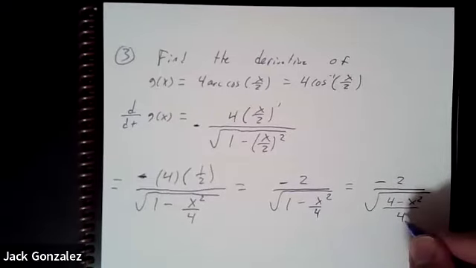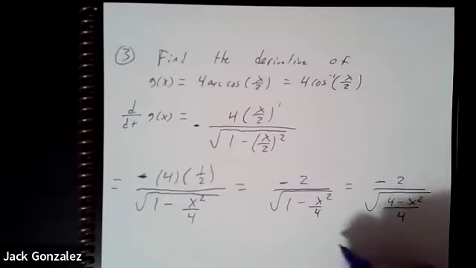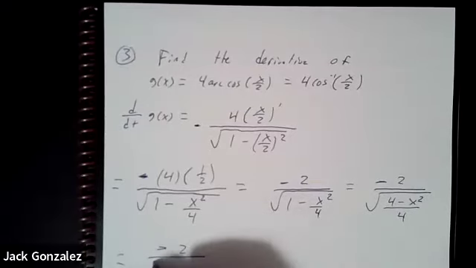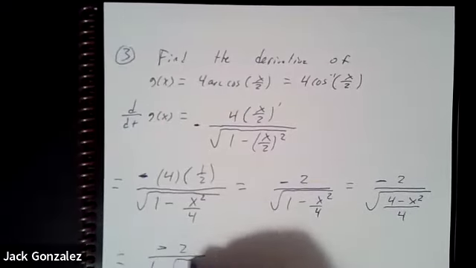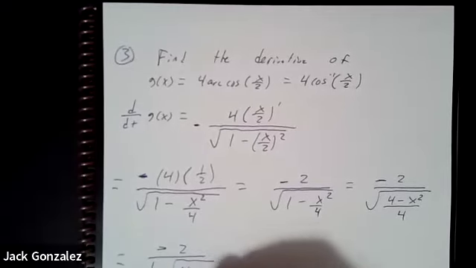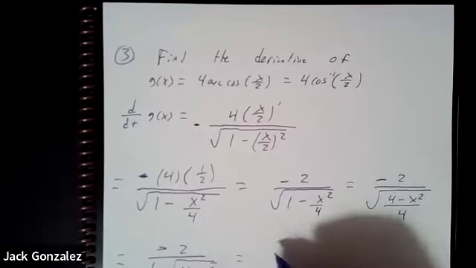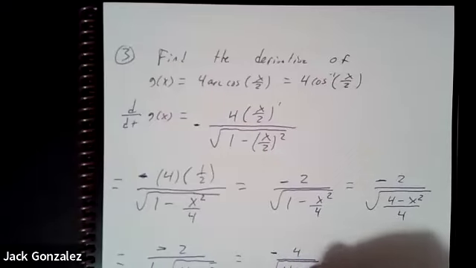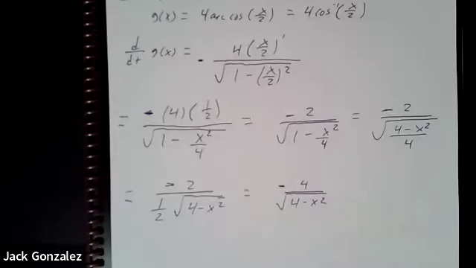You can square root the 4, so it'll come out as a half, which will flip over and multiply on top. This would be the pretty version. Any questions on number 3?